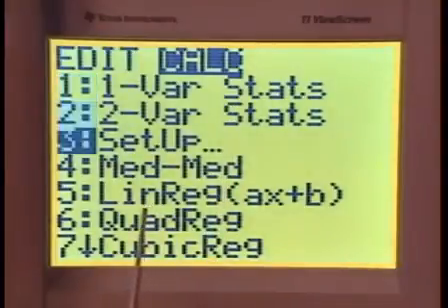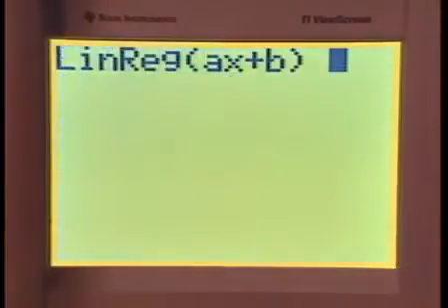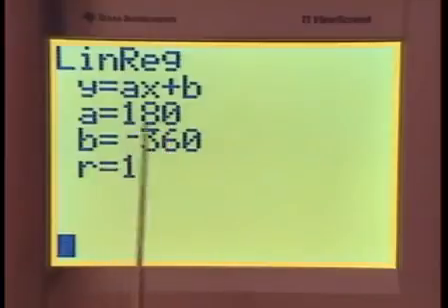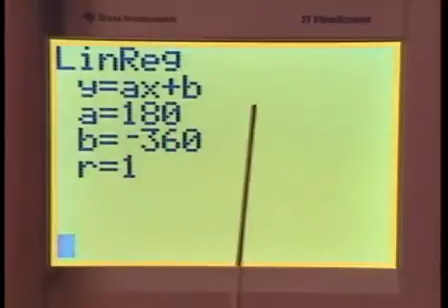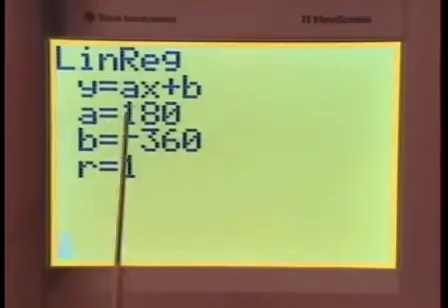We want a linear regression, a line that will be the best fit line, the line that the calculator will provide us with. So we select linear regression, and the lists were L1 and L2, so we have L1, comma, L2. And there is the perfect line with A, the slope, equal to 180. Well, we knew that because the increment along the Y column or output column kept changing by 180.